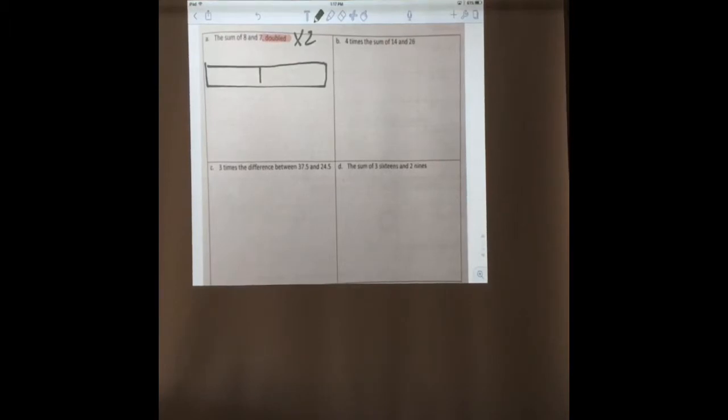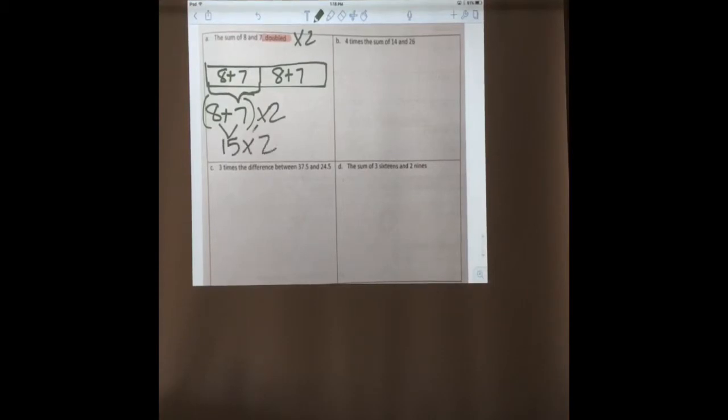And then we could say this part here is 8 plus 7. And then we're going to double it because we have 8 plus 7 here, right? And we have 8 plus 7 here. But we could just say 8 plus 7 times 2. 8 plus 7 is what? 15.